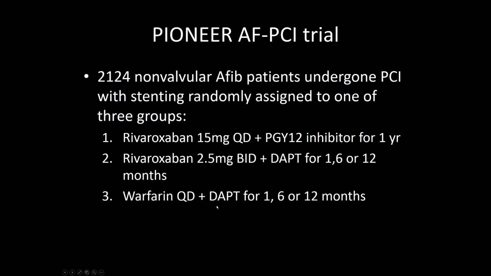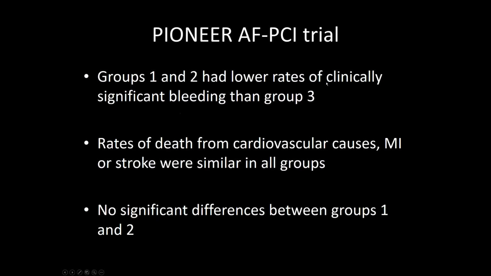And they also looked at the standard therapy of warfarin with dual antiplatelet therapy, again looking at different treatment arms. From the study, what they were able to find was that groups 1 and 2 actually had lower rates of significant bleeding compared to the standard therapy with warfarin, group 3. Also, the rates of death from cardiovascular causes, MI or stroke, were similar in all the groups.